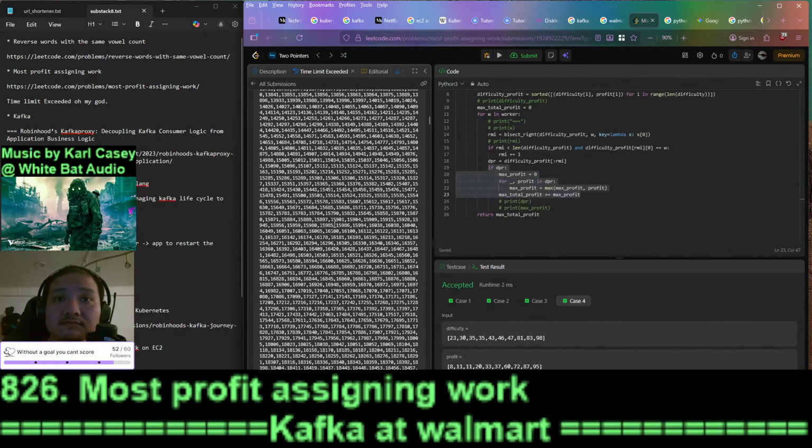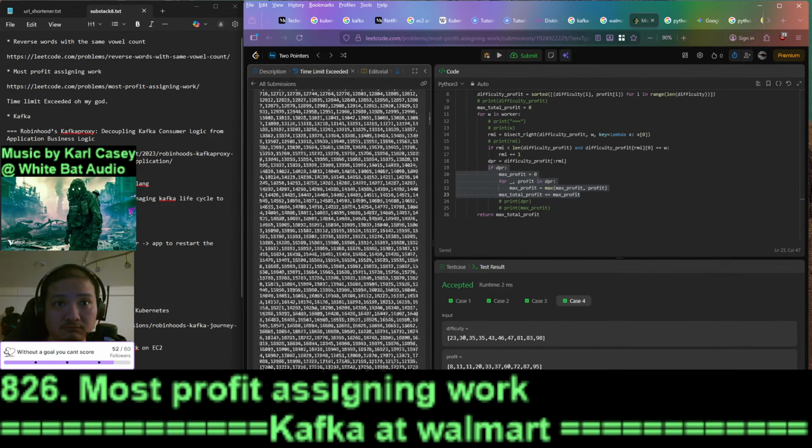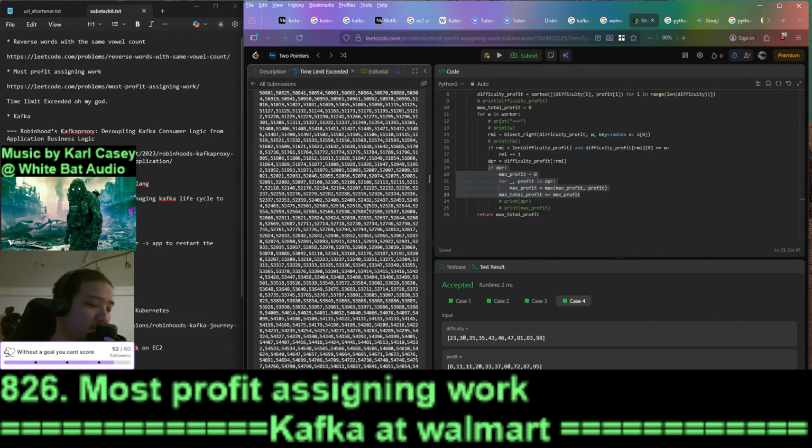Oh my god, let me think. So if we sort the worker, right, in the case that you have like 10 here, you have to maintain first 0 to 35 to 86, right?